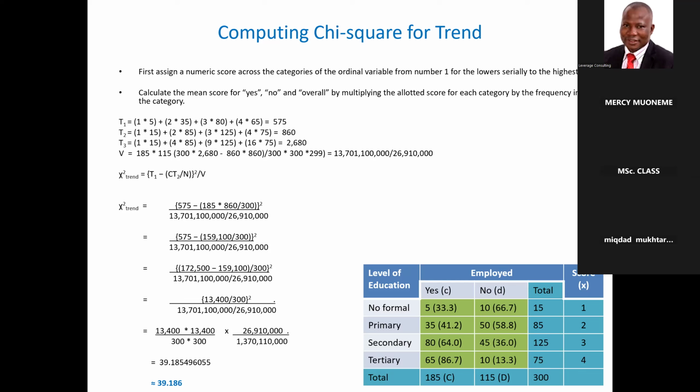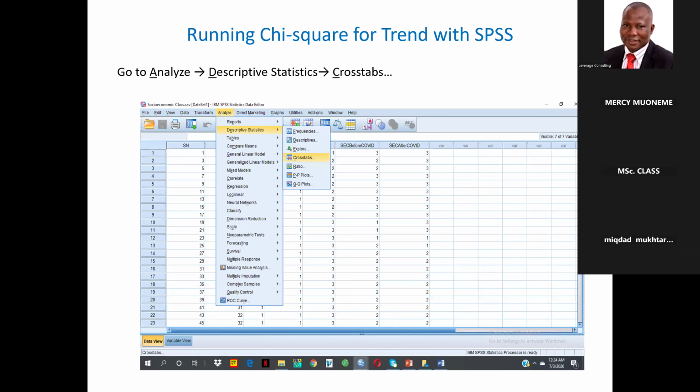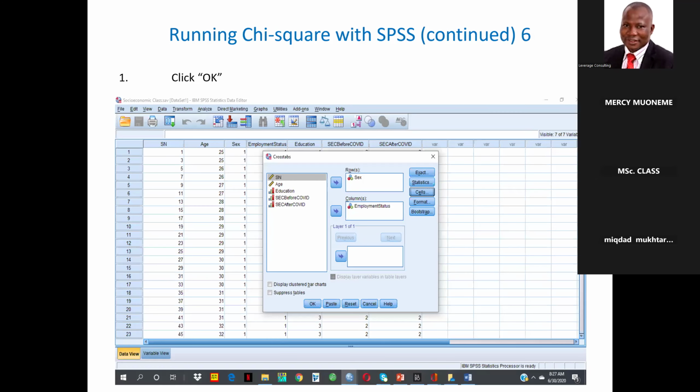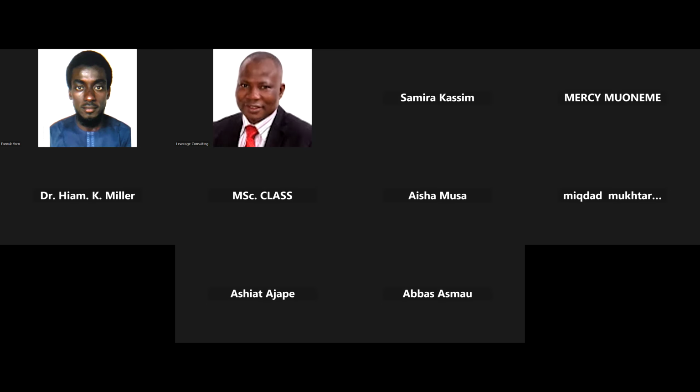So, let me stop sharing so that Mercy will go back and share the data, socioeconomic status. The data is there. Let's run it. Mercy, share the socioeconomic status. Or have you closed it?